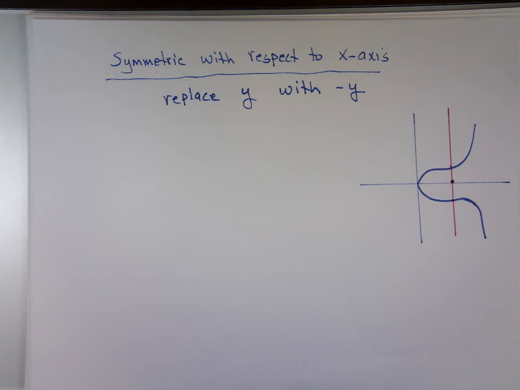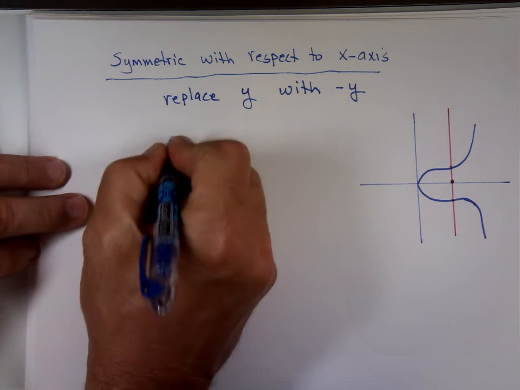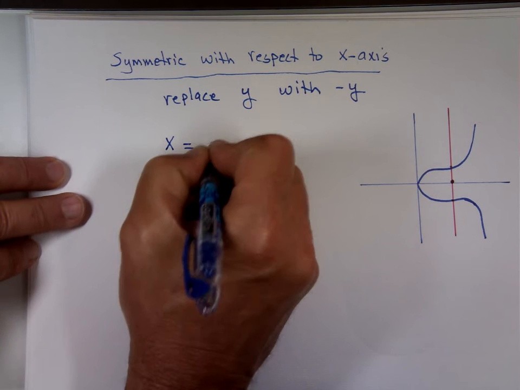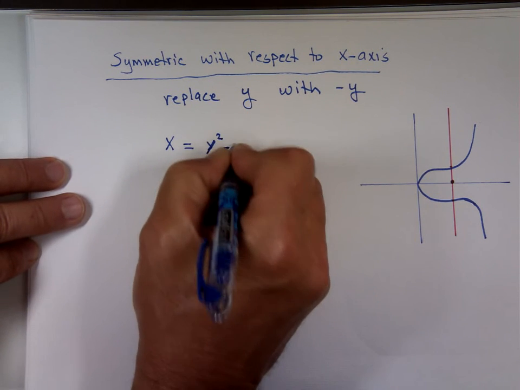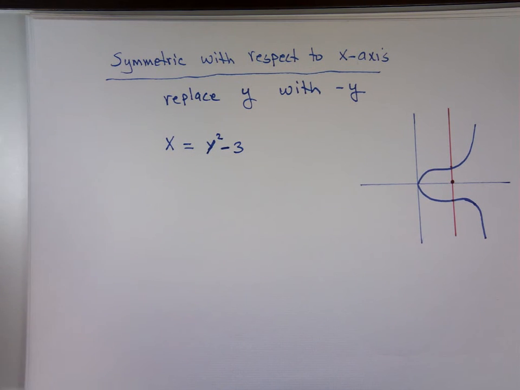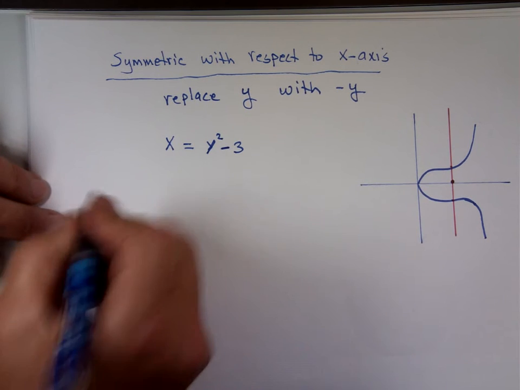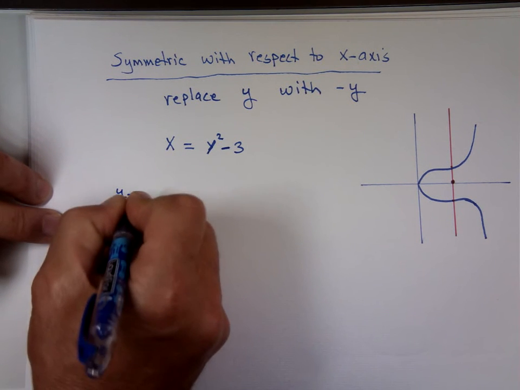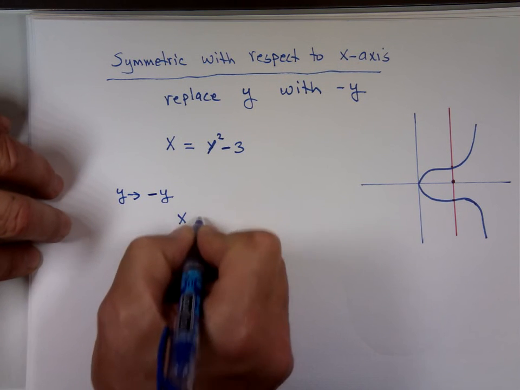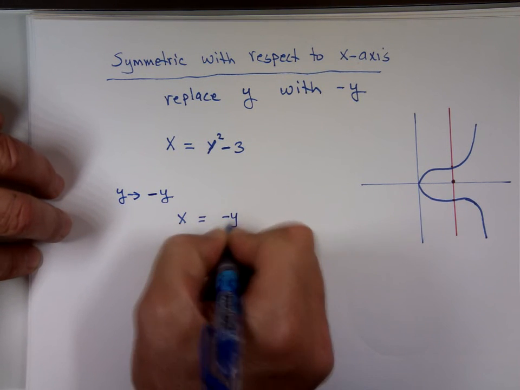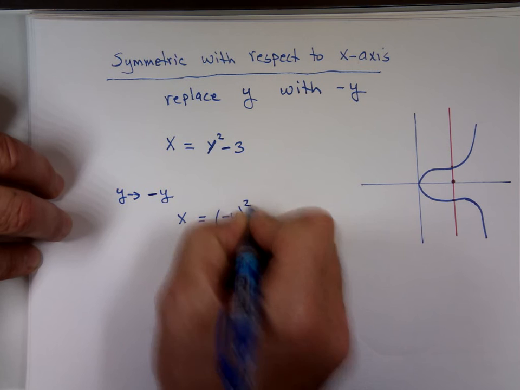Now you could have an expression that looks like this: x equals y squared minus 3. Now replace y with negative y. Let's see if you end up with the same expression. X equals negative y squared minus 3. And what happens?